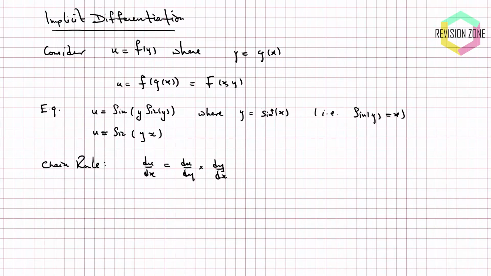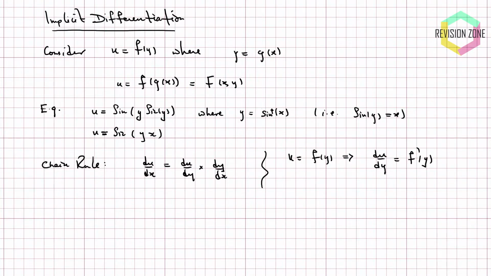Okay, so if I now think about my u, because I can think of u in lots of different ways, we basically have three different descriptions of u here. So I'm going to use a description that's convenient to me each time. The first description I'm going to use is f of y. With that description, I know that du by dy is just f prime y, right?